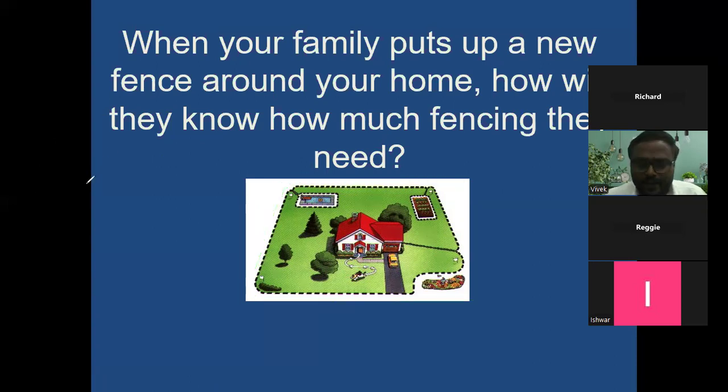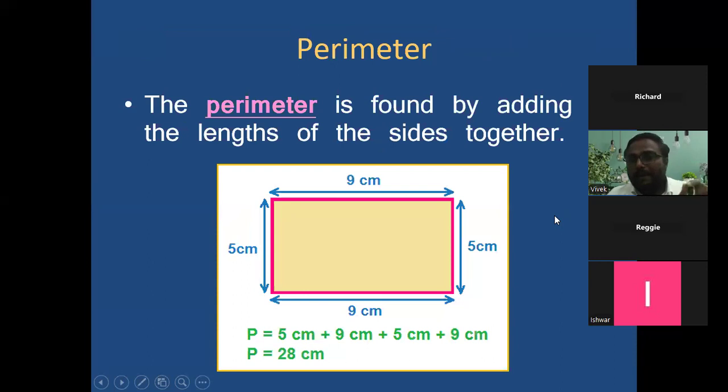Now there are a few formulas which we focus on while learning about perimeter. Perimeter is found by adding the lengths of the sides together. So let me just explain it once.